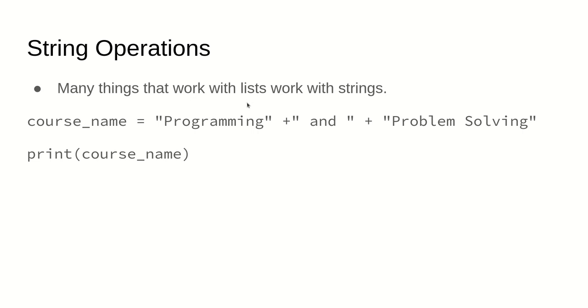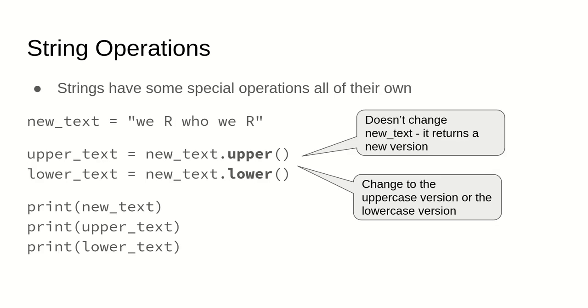So here I build the string programming and problem solving by using the plus operator between a few different strings that contain parts of programming and problem solving. And you could do this to combine all of the user input that has been given to you, or taking user input and embedding it in a sentence that you've already structured, or lots of different things like that.